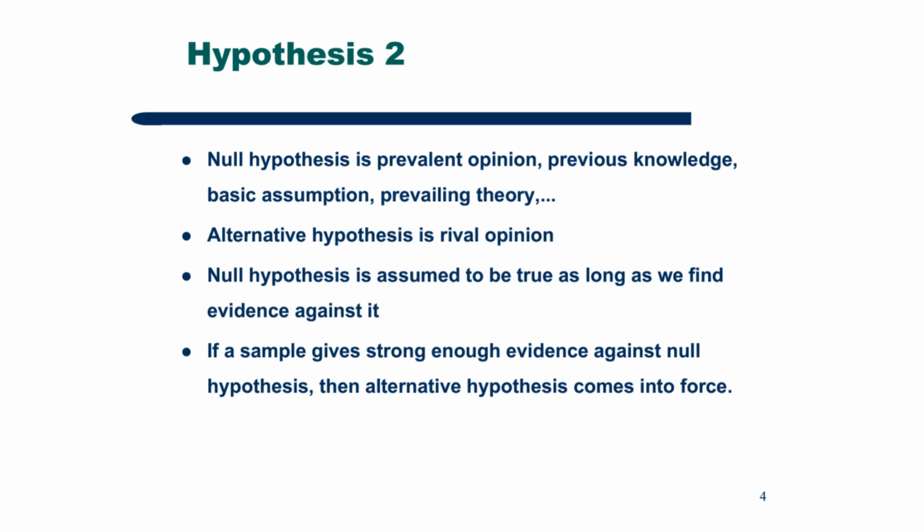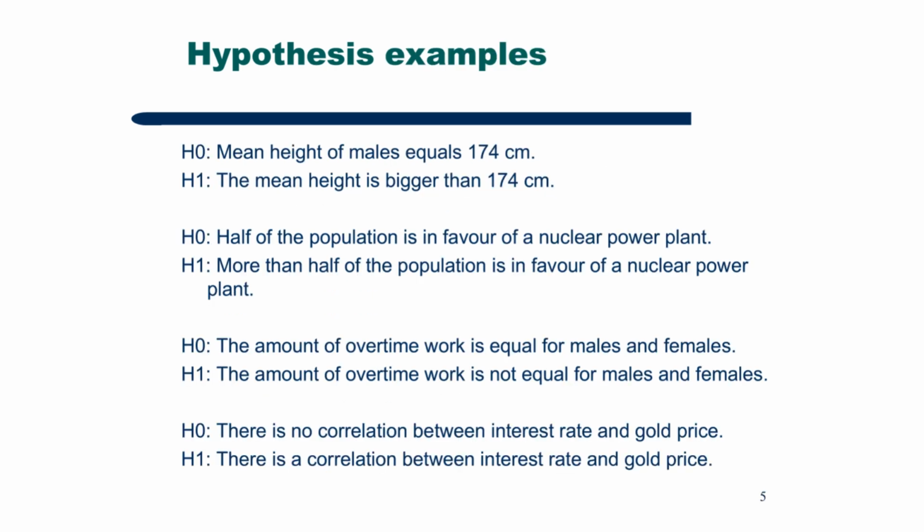The null hypothesis remains accepted until there is sufficient evidence to reject it in favor of the alternative hypothesis. Sample evidence. A strong enough sample can provide the necessary evidence needed to disprove the null hypothesis, leading to the acceptance of the alternative hypothesis.